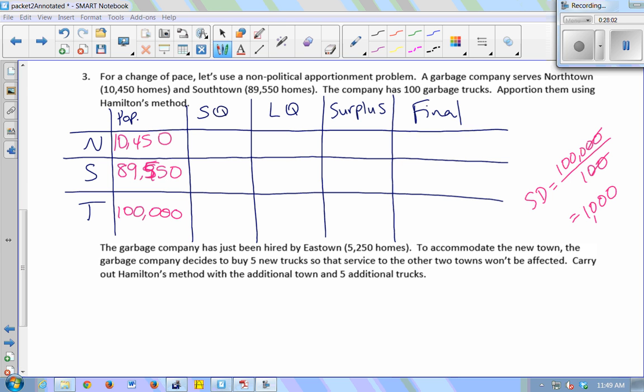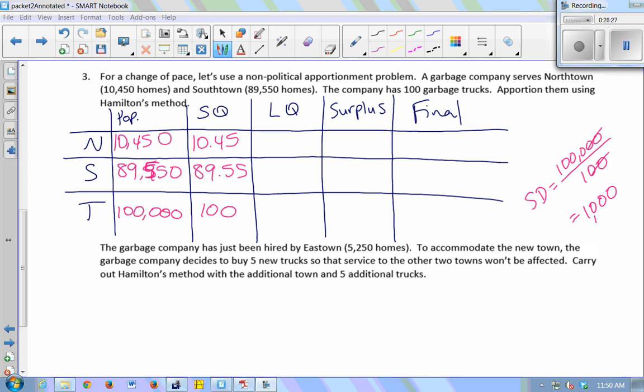So I divide each of my populations by 1,000, and I get 10.45 and 89.55 for a total of 100 trucks, right? But you can't send 45 hundredths of a truck to one town and the other 55 hundredths to another town.